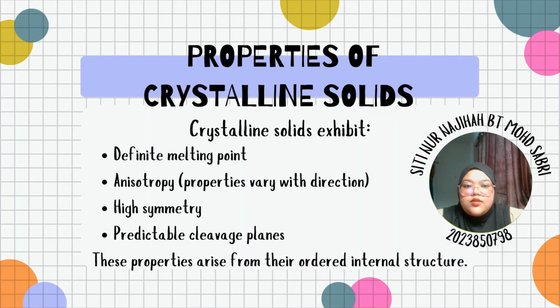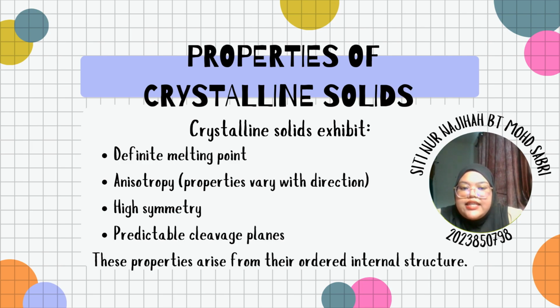Now, I will explain the properties of crystalline solids. Crystalline solids have a very ordered and repeating internal structure, and because of this, they show several unique properties. First, they have a definite melting point. This means they melt sharply at a specific temperature because all their particles are arranged in a uniform pattern.